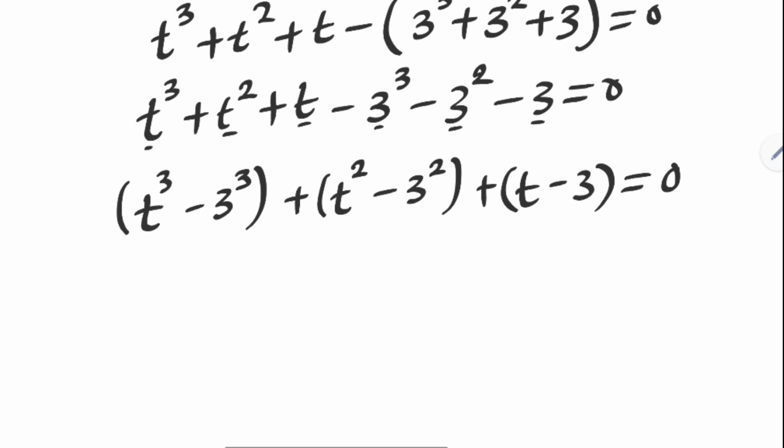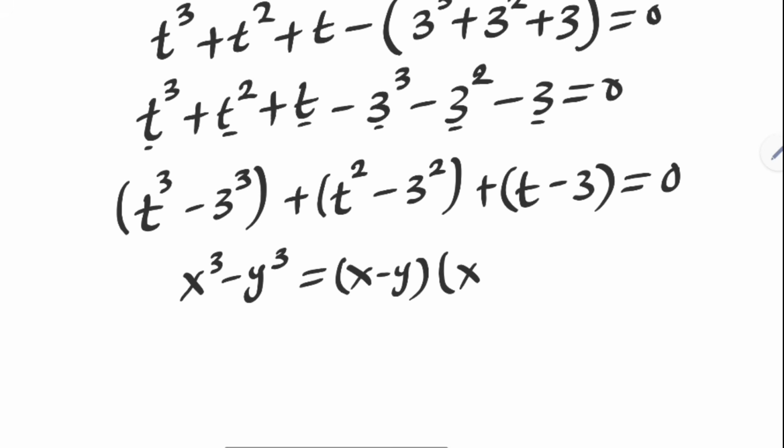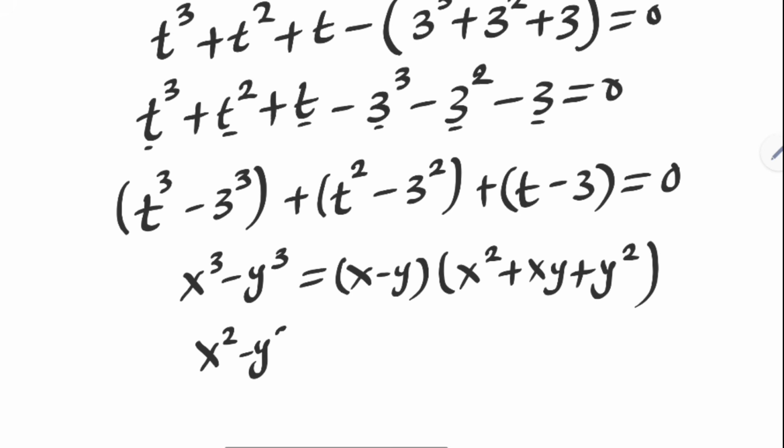Now note, if you have x raised to power 3 minus y raised to power 3, this is equal to x minus y bracket x square plus xy plus y square. Then if you have x square minus y square, this is equal to x plus y bracket x minus y.